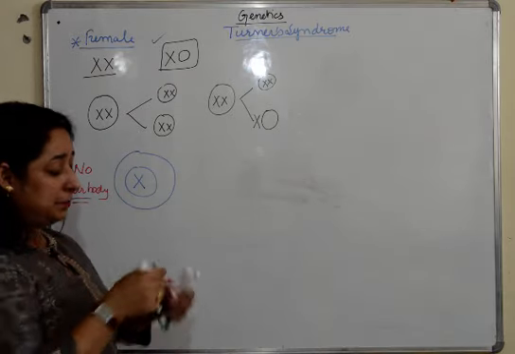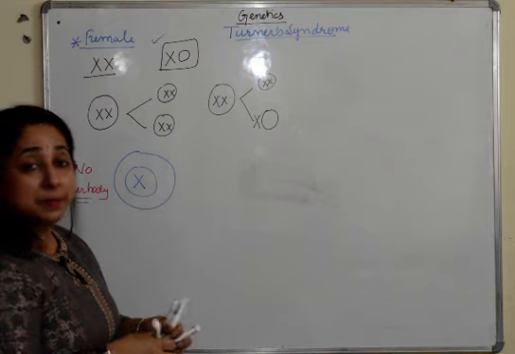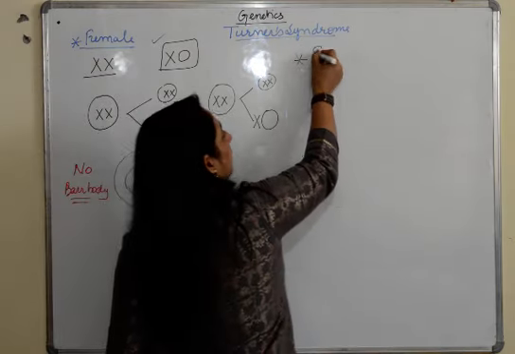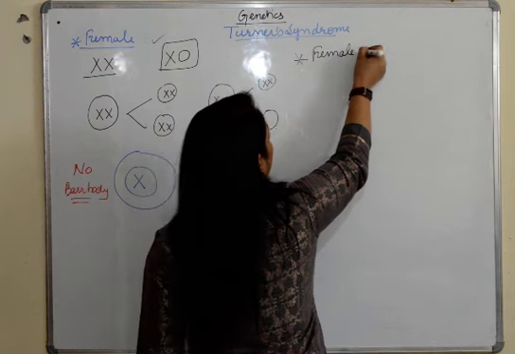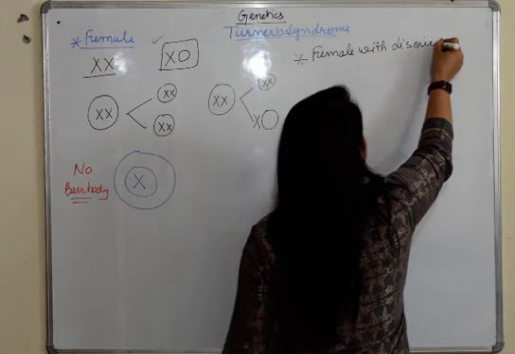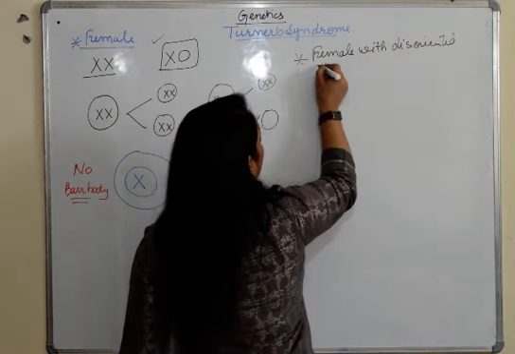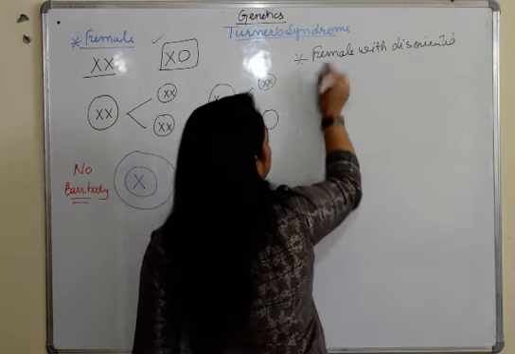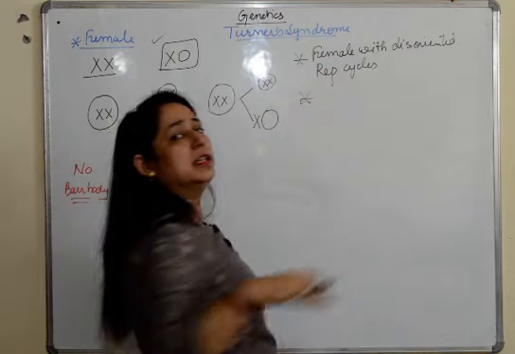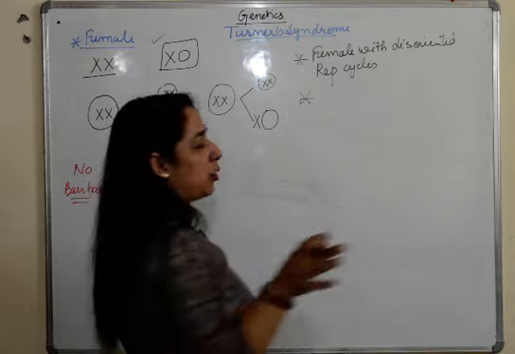Now what are the symptoms which are observed here? The symptoms are a female with disoriented or even no menstrual or reproductive cycles. Fine, and even the female features are not properly formed.